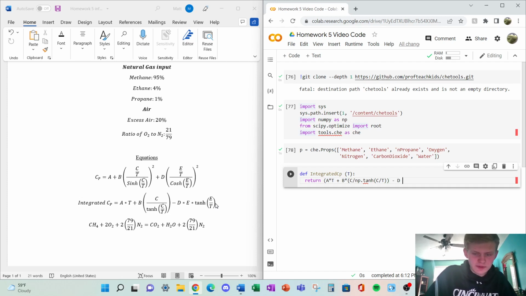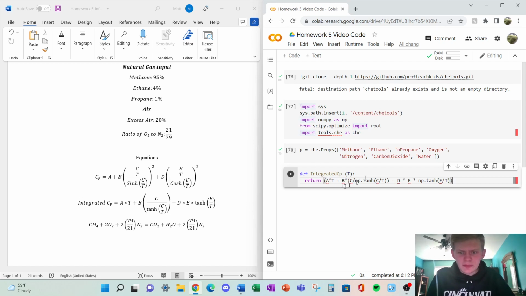Then we'll have our D parameter multiplied by our E parameter multiplied by the NumPy hyperbolic tangent function again, with our E parameter divided by the temperature, all multiplied together.